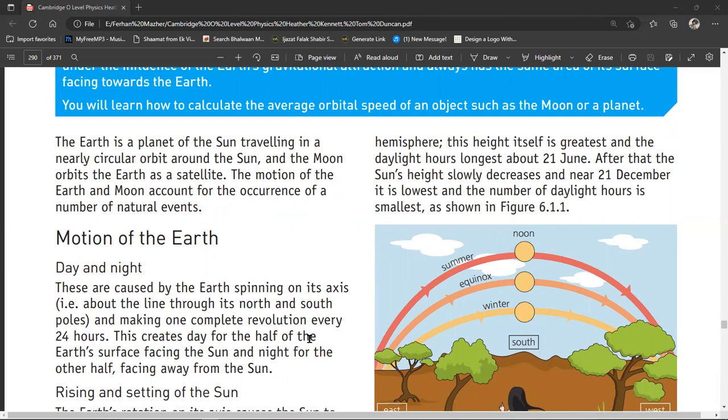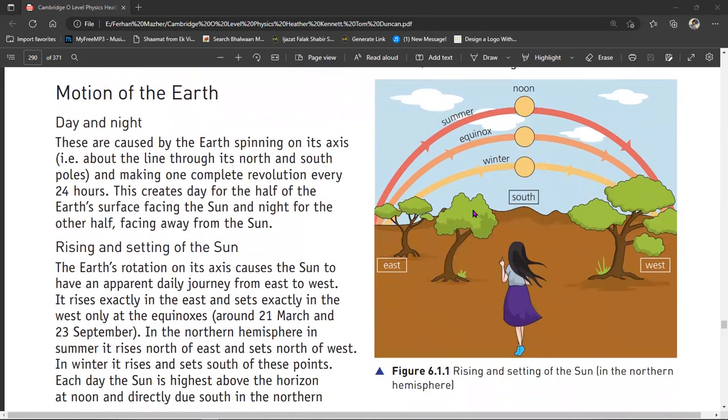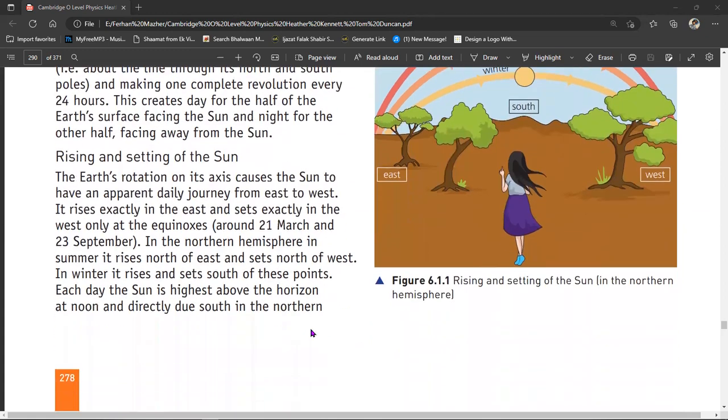After that, the sun's height slowly decreases, and near 21st December, it is lowest, and the number of daylight hours is smallest, as shown in figure 6.11. So, this is the summer, equinoxes, and winter, west, and this is the east, rising and setting of the sun in the northern hemisphere.